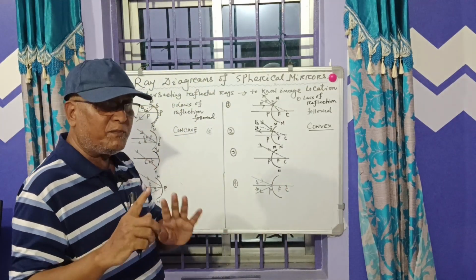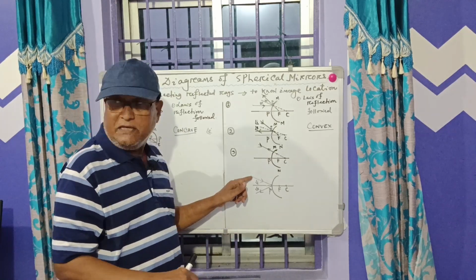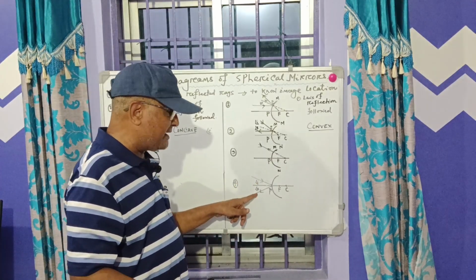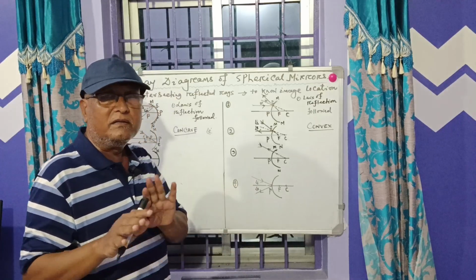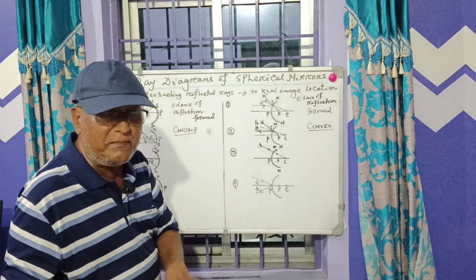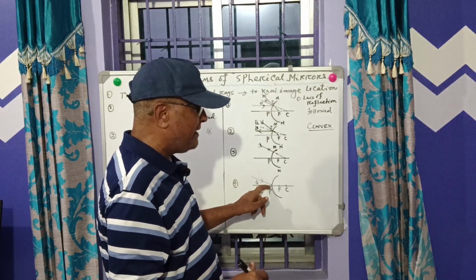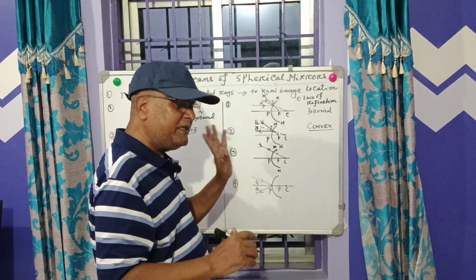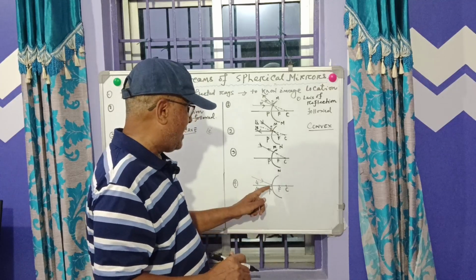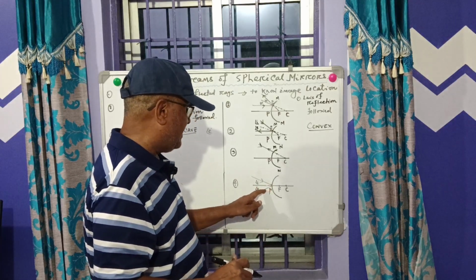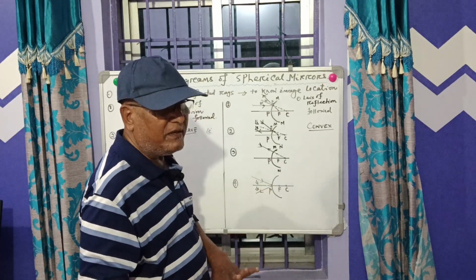Okay. So as per law of reflection, the incident ray, the reflected ray, and the normal, they all lie in the same plane. Now you see, the P is the point of incidence and the pole. After reflection, it is reflected in the same area.